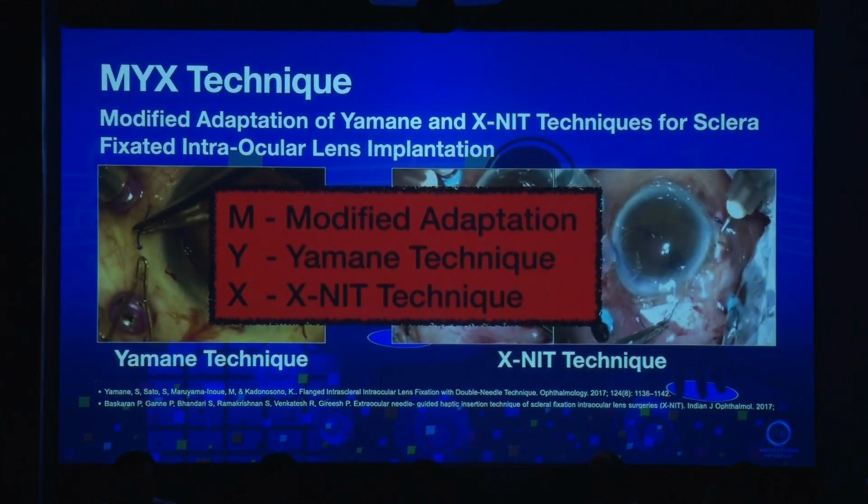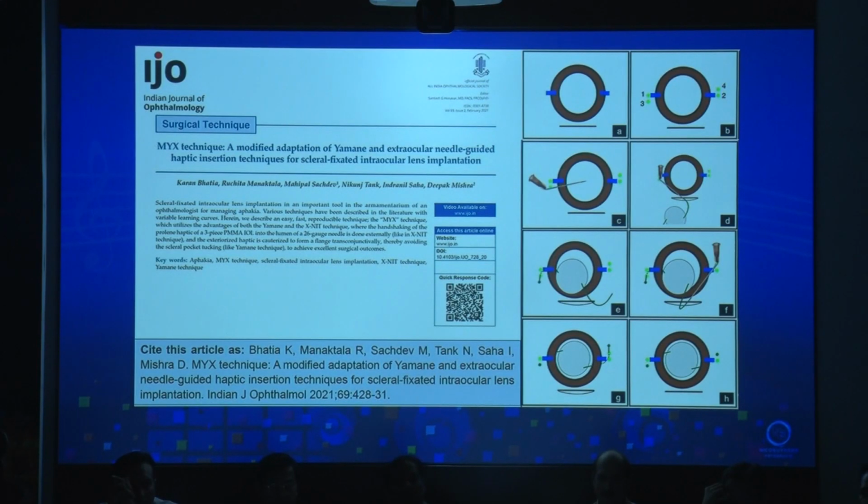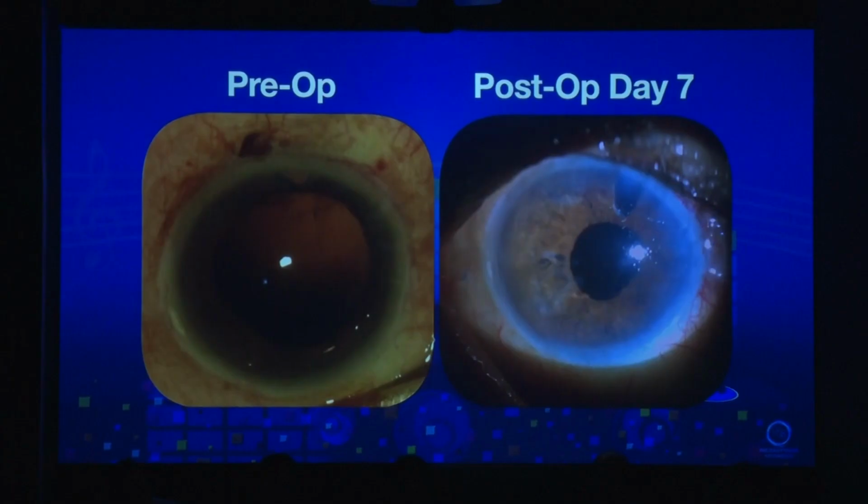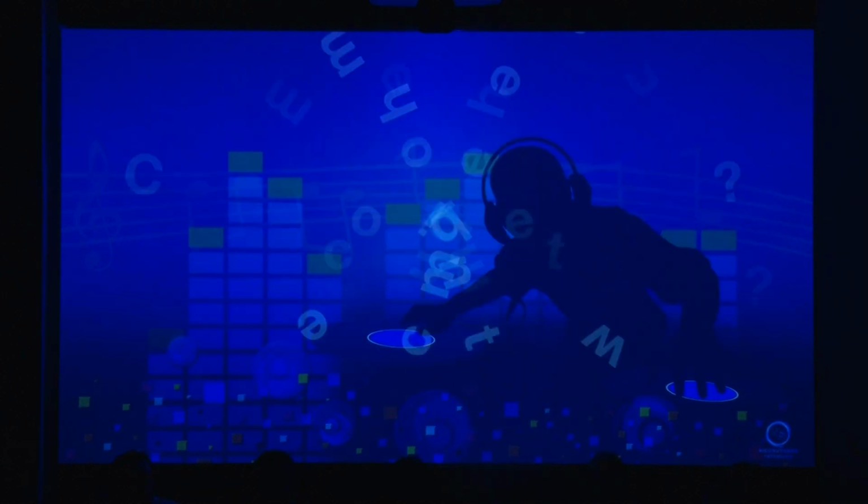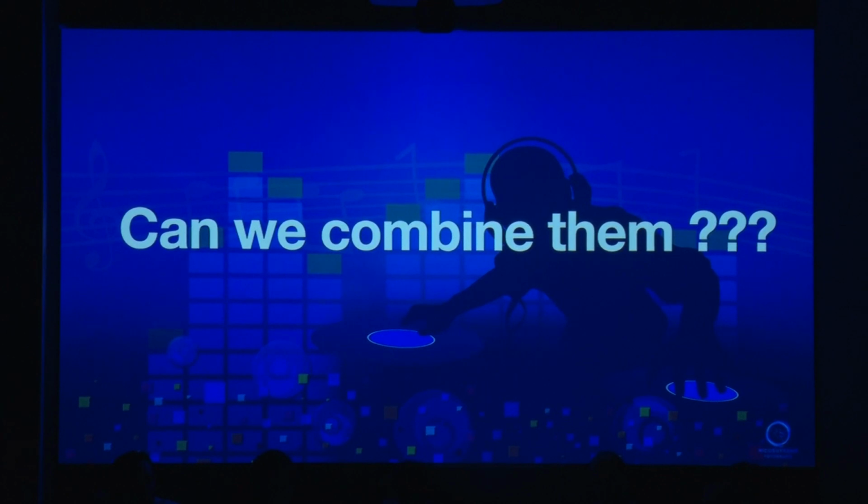Therefore, M stands for modified adaptation, Y for the Yamane and X for the Exnick technique. We recently published this in the Indian Journal of Ophthalmology. Seeing the very promising results of about 65 eyes, we thought, can we combine them?